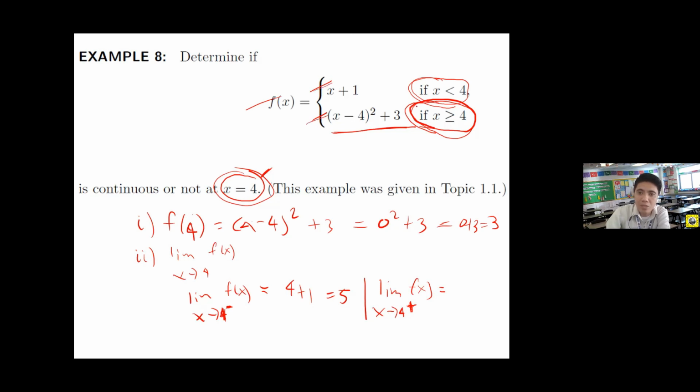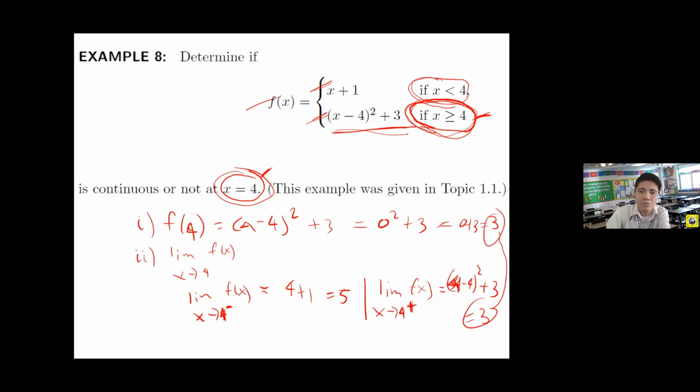Ang numbers nga nasa right ni 4 is nabilong ani nga condition, kaning x is greater than or equal to 4. So diri ta mag-substitute. X minus 4, 4 minus 4, quantity squared plus 3, which is mauning 3. Na-solve na nato na. Same lang na ani.